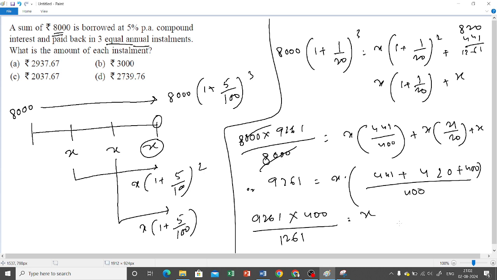Now this much you can definitely do in a calculator, or you can follow the technique that I have taught you. First of all, multiply 9261 into 4. So 4 ones are 4, 4 6 is 24, carry 2, 4 2 is 8, 10, carry 4, that is 37, 00 divided by 1261.